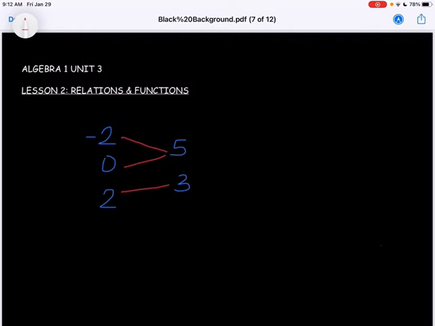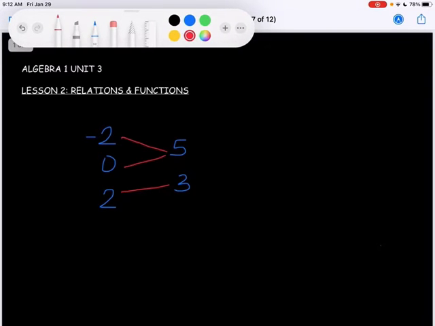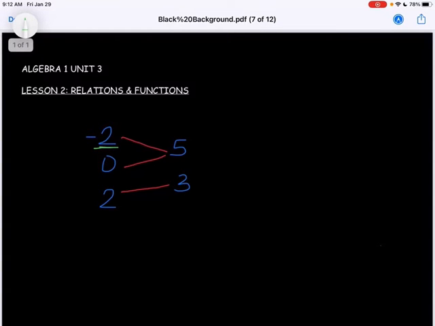All right, in this case, it's a little bit different than looking at a table, but what you need to make sure of is that each of these values, x on the left, only goes to one y value. That -2 only goes to 5. 0 only goes to 5, and 2 only goes to 3. So each of the x values only goes to one y value. It doesn't matter if 2 different x values go to the same y value. All you care about is that each x value only has one y value. So this would be yes.